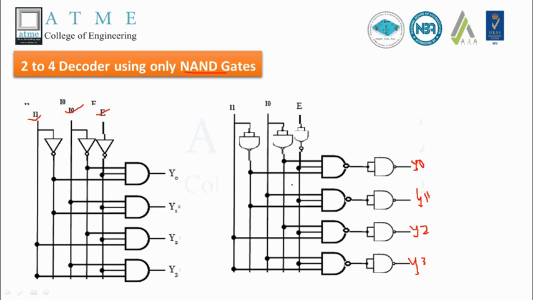Clear? Now, look at the design. Identify the ports. Your ports are I1, I0, and E. These three are the input ports, and Y0, Y1, Y2, Y3 are the output ports in terms of the Verilog context. Let me call the first NAND gate N1, the second N2, and the third N3.